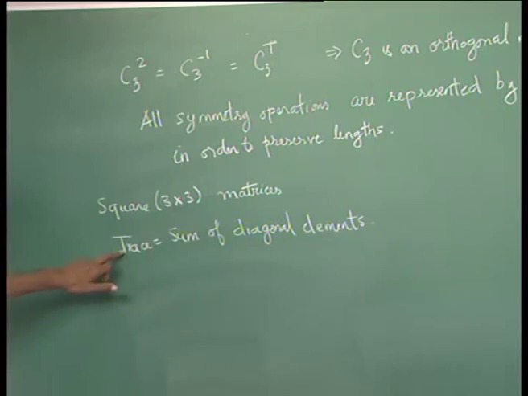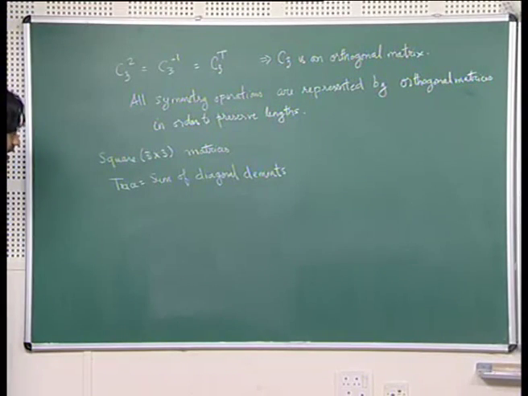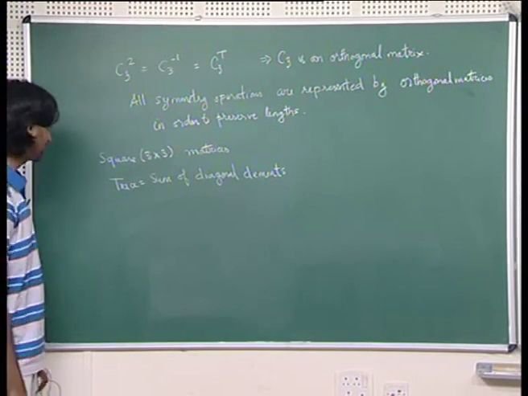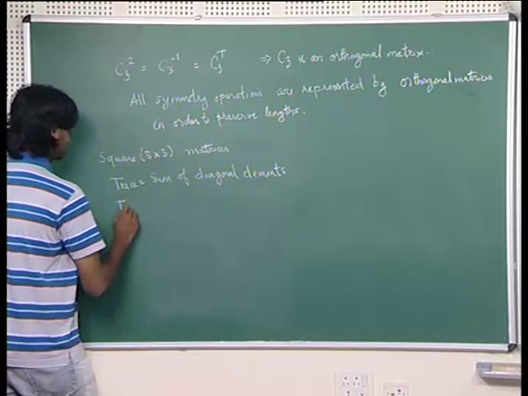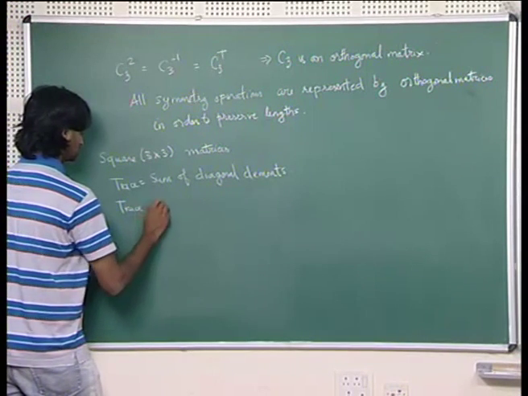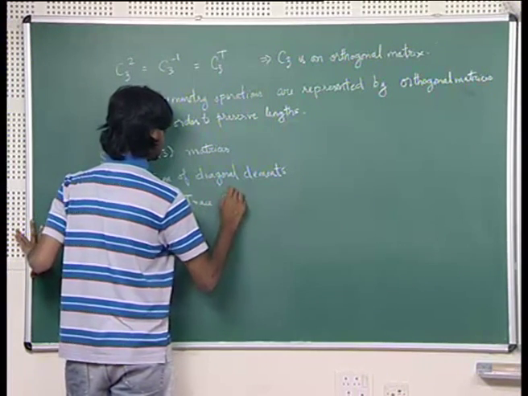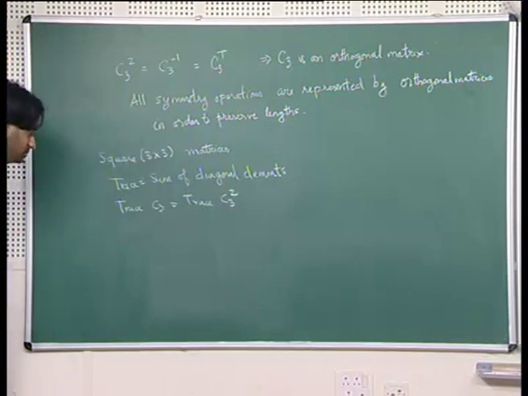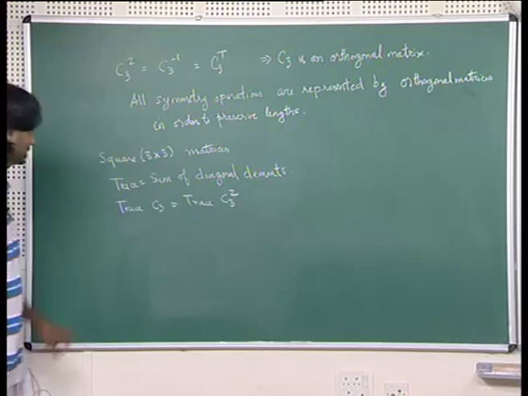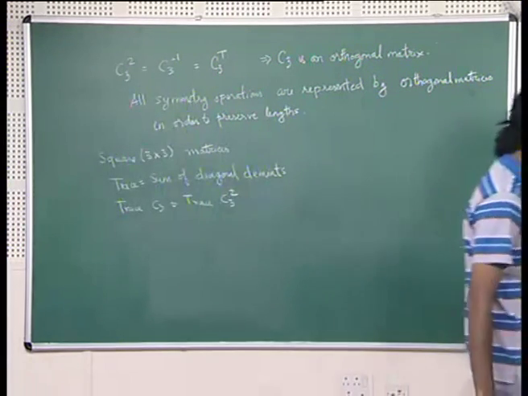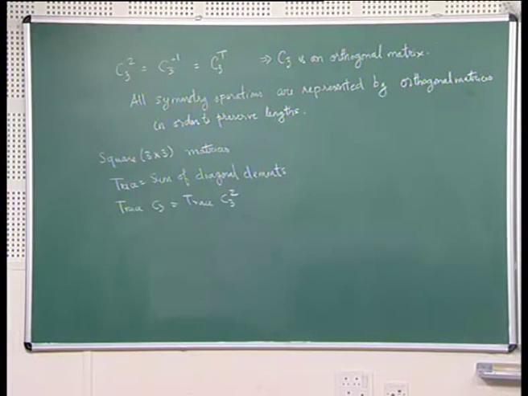So, this is the definition of the trace, and what you notice is that trace of C 3 is equal to trace of C 3 square.